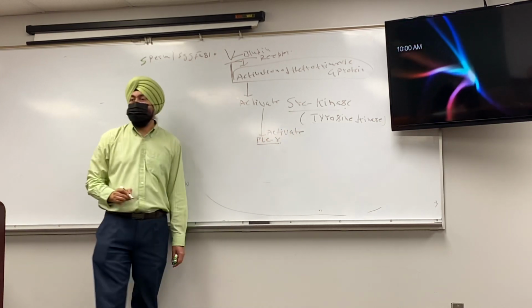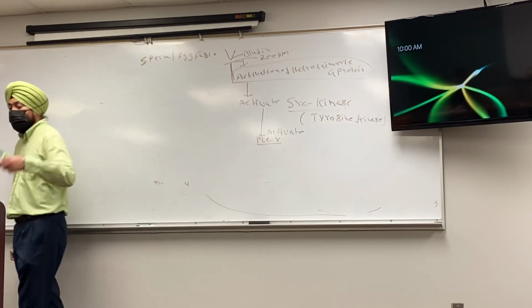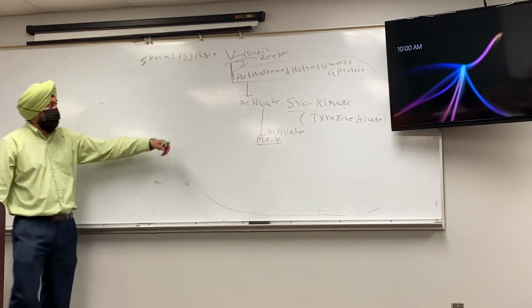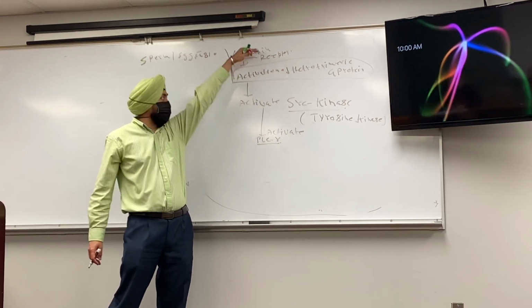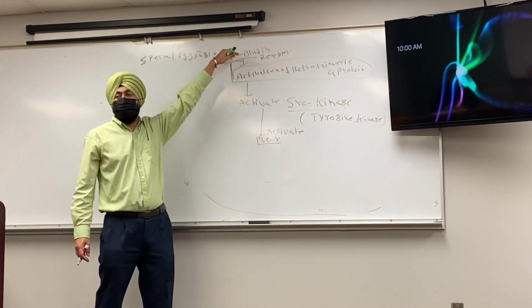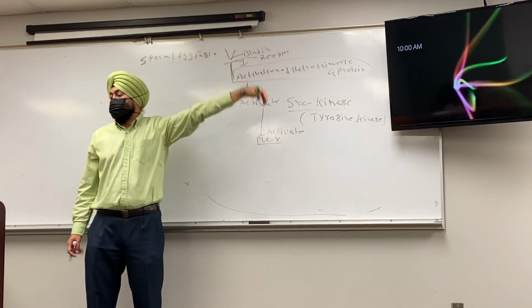So PLC gamma is activated by Src kinase, and that Src kinase is activated by heterotrimeric G protein activation, and that is activated by binding of the receptor to the binding protein.